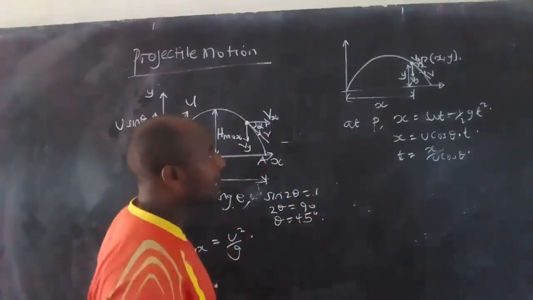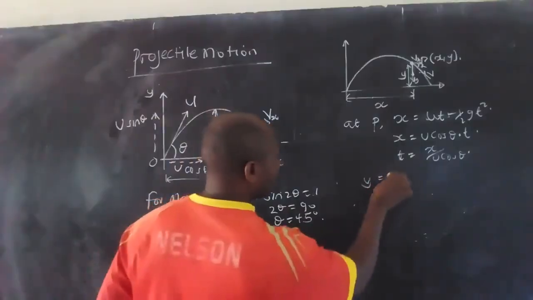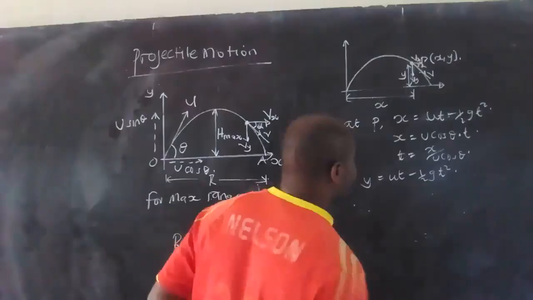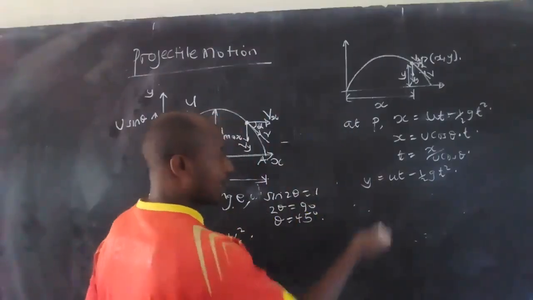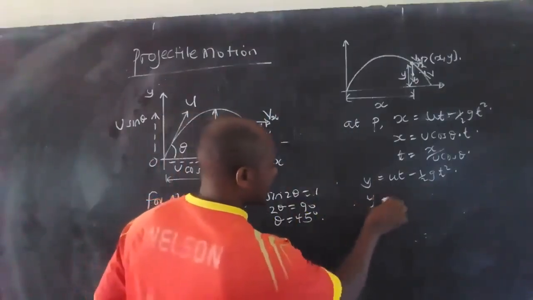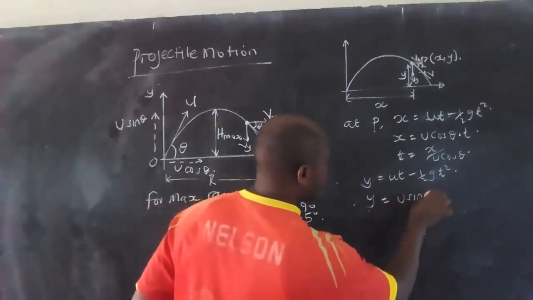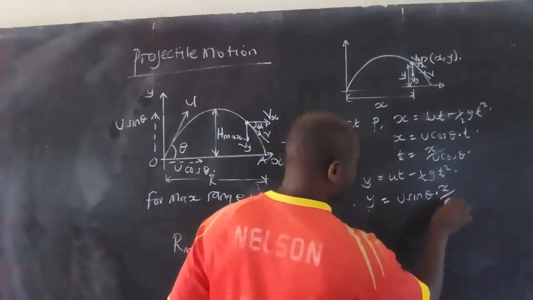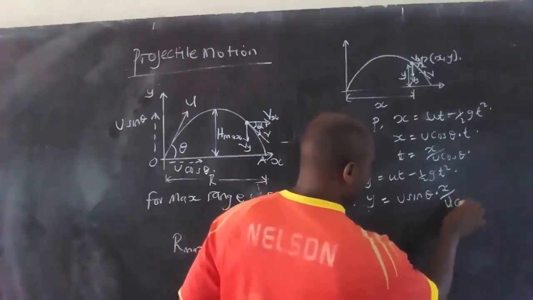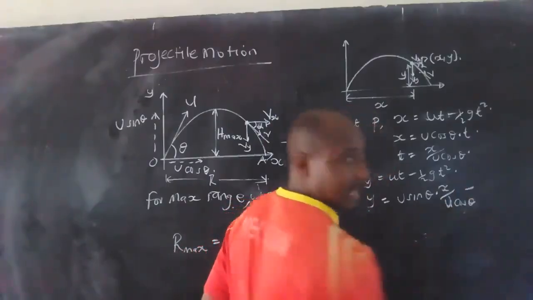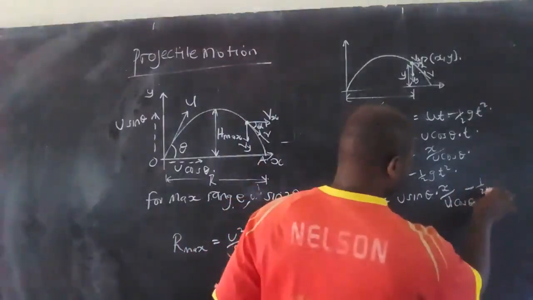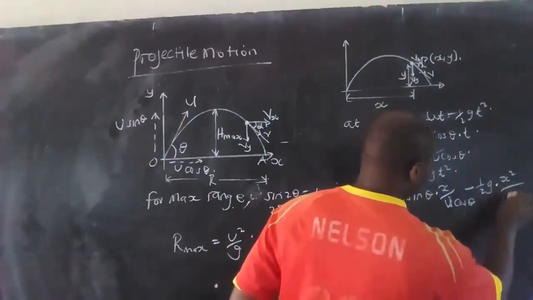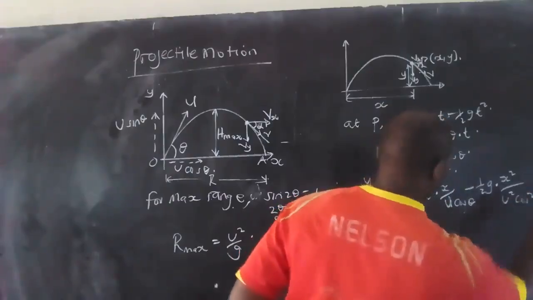Then we shall now go back and say y is equal to ut minus a half dt squared. We now substitute. This is a vertical motion now, okay? So y will be equal to u sin theta times our t, which is x over u cos theta, minus a half g t squared, where t is x over u cos theta.